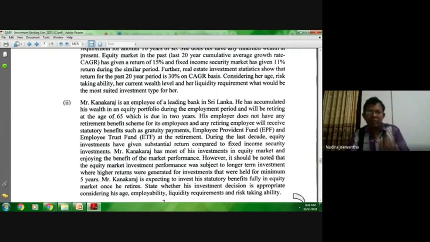So for pension funds, you don't recommend investing in the share market. By reading the papers, you can get something. That's why I told you to read papers, especially the business papers. It's important.